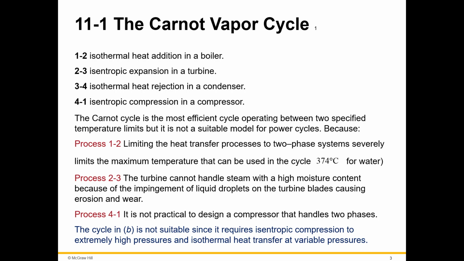The Carnot cycle is the most efficient cycle operating between two specified temperature limits, but is not a suitable model for power cycles, for these reasons. Process 1 to 2, limiting the heat transfer process to two-phase systems severely limits the maximum temperature that can be used in a cycle.